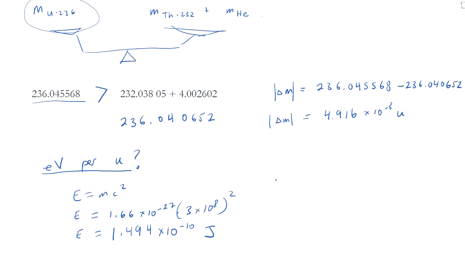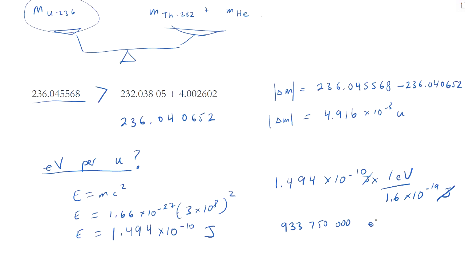And then if we want to convert that energy into electron volts, we know that every electron volt is 1.6 times 10 to the negative 19 joules. Which is 933,750,000 electron volts. So let's simplify it to 934 millions of electron volts, excuse me. That's 1 unit.